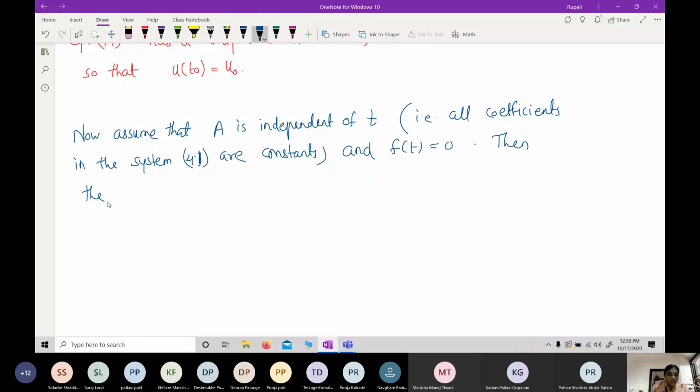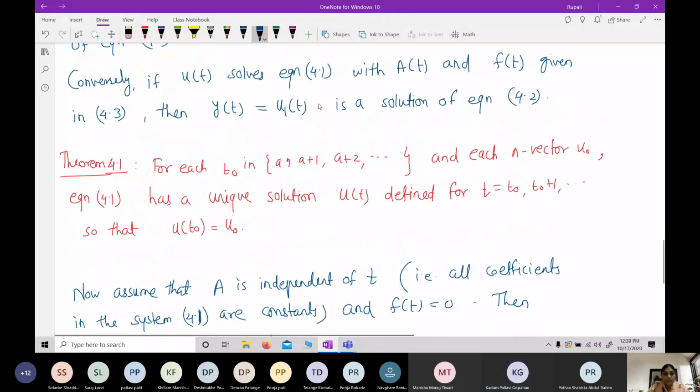the equation 4.1 reduces to, how can I write that? u at t plus 1 is equal to A times ut, because ft is 0, right? What is my 4.1?